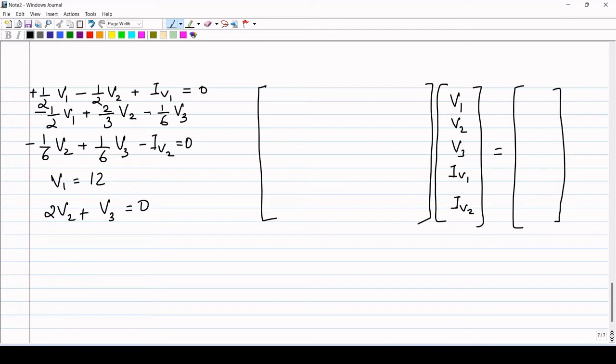So our first equation is this one: plus half V1 minus half V2, 0 V3 plus IV1 plus 0 IV2 equal to 0. So that is first equation.